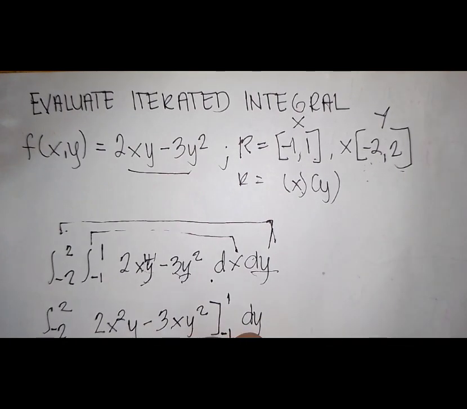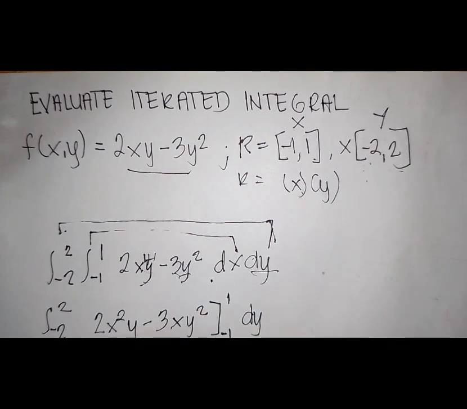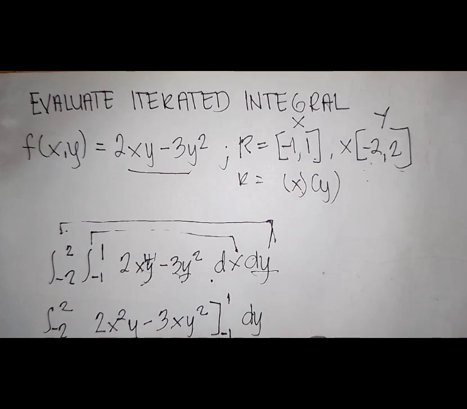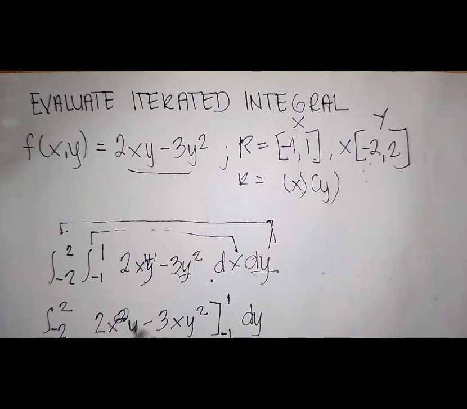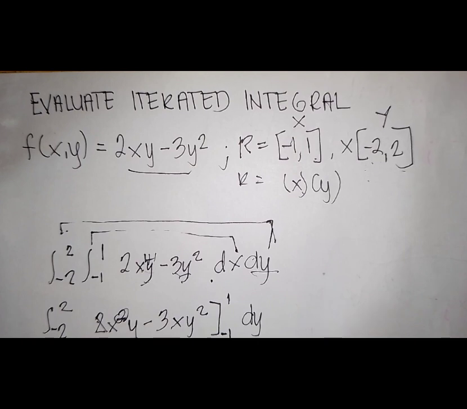So the integral of negative 2 to 2. Since our exponent is 2, we put 2 in the denominator. So 2 divided by 2 becomes 1, and we will have x squared y minus 3xy squared, with x from negative 1 to 1.